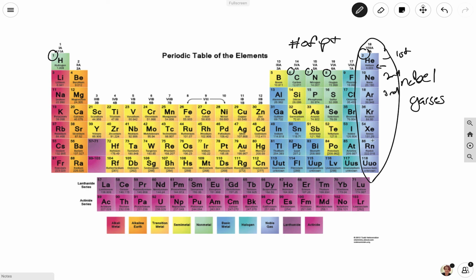We're not going to get to krypton and xenon and radon in this class, but the reason these are so inert is because their valence shell is full, and they're happy. So they don't need any electrons given to them, and they're not going to give away any electrons. And because of this, they are not going to typically form chemical bonds.